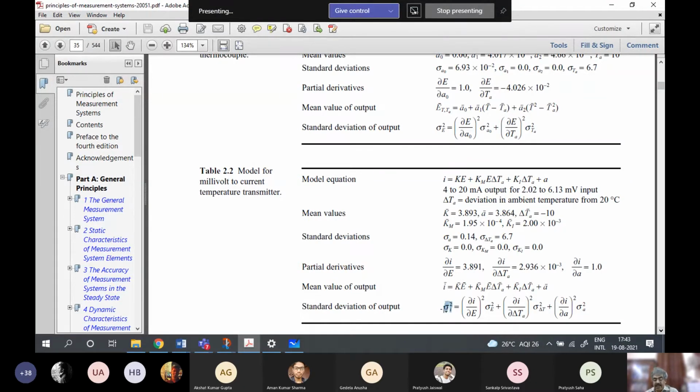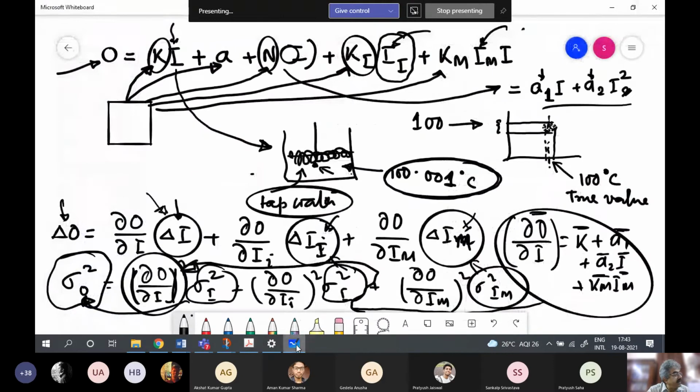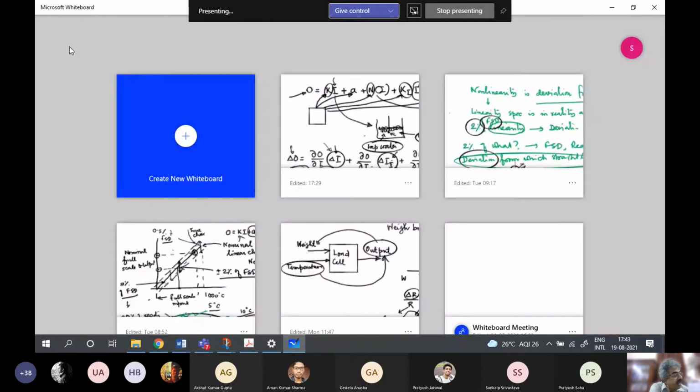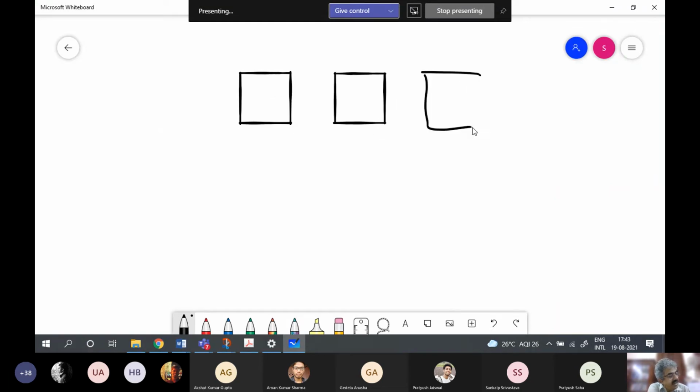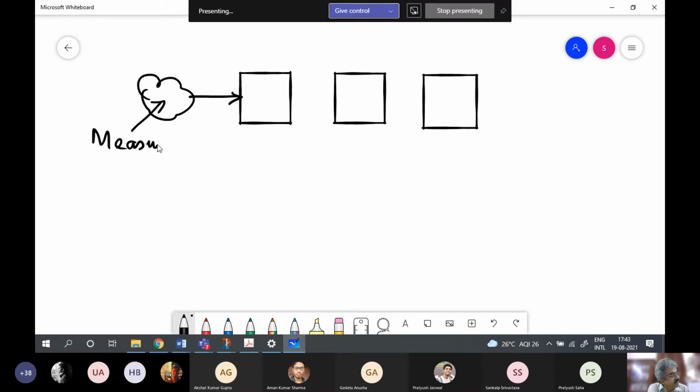Since instrumentation systems are typically built from blocks, a very valid question, going to the blackboard again, is this: if I have a measurement system where there is a sensor, here you have the actual measurand, and here you have the sensor sensing.